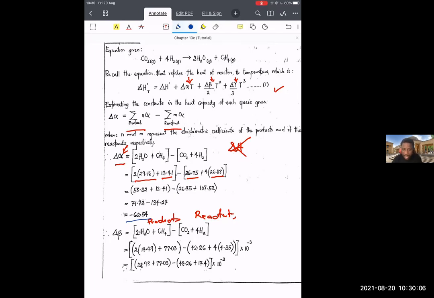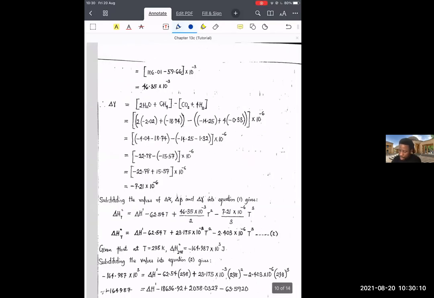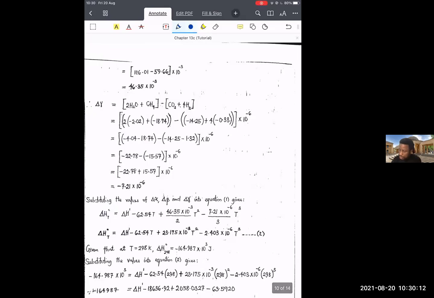Our change in beta we've said is 46.35 times 10 raised to the power minus 3. Change in gamma is minus 7.21 times 10 raised to the power minus 6. Please, I cannot overemphasize ensuring that you incorporate the stoichiometric number of moles.